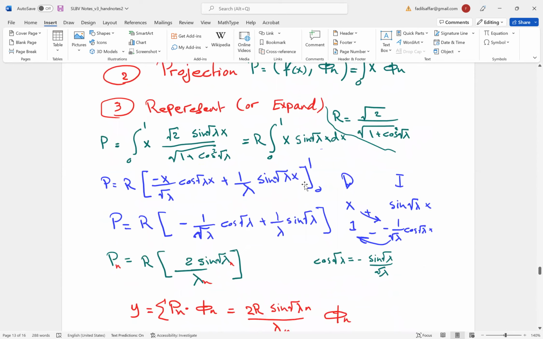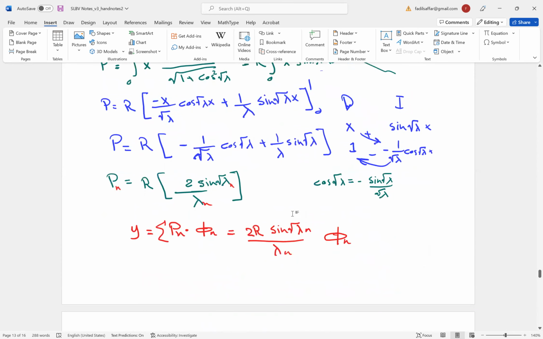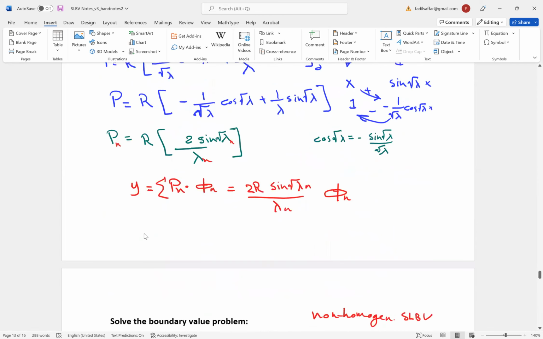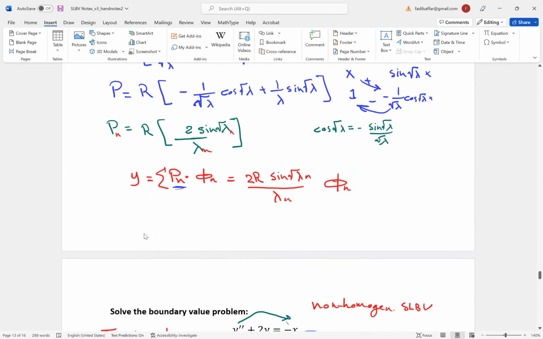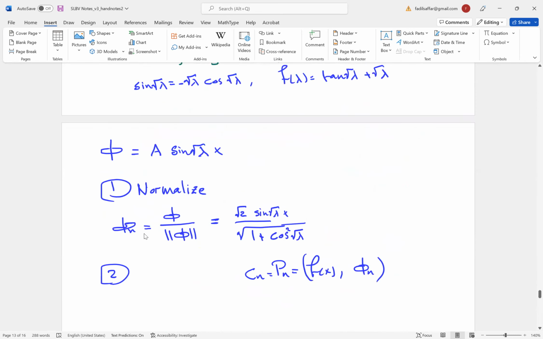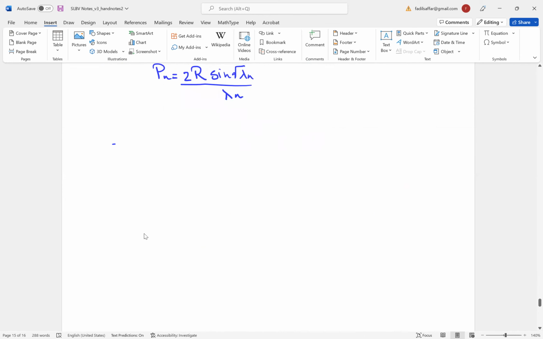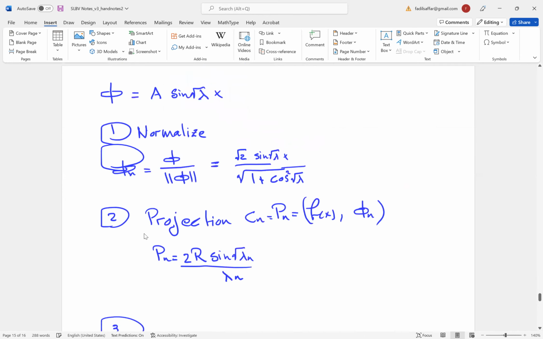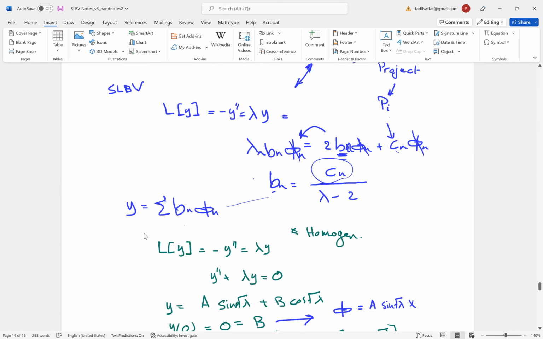The last step is basically to take this one, our cn, and now we need to find our bn by this equation here.